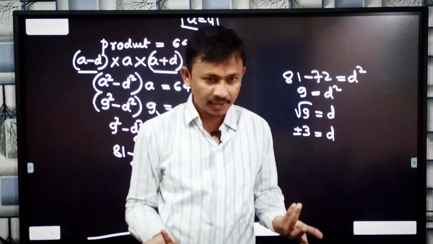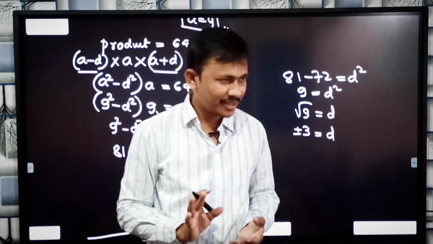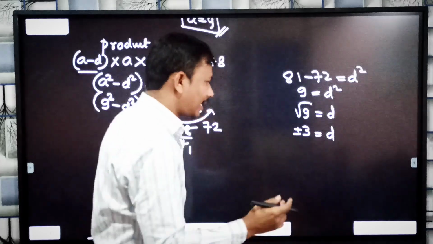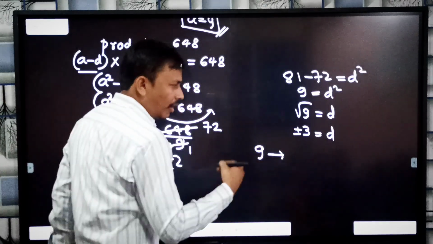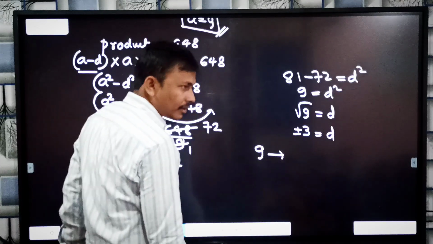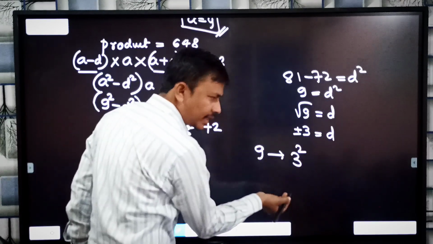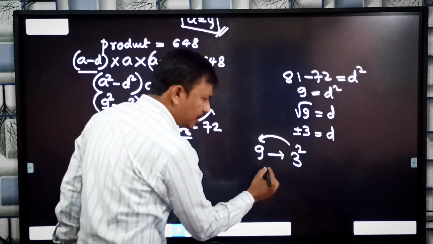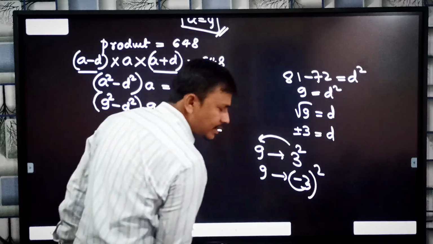Why plus 3 and minus 3, sir? Question? Okay, why did we take it? To get 9, what we need to square? Yes or no? What we need to square? 3. Even if it is plus 3, what answer comes? 9. If it is minus 3 whole square, what is the answer?